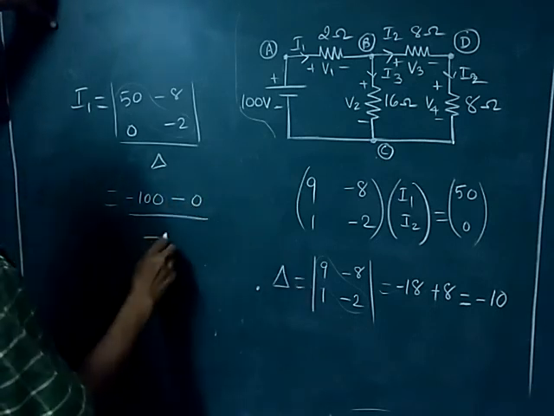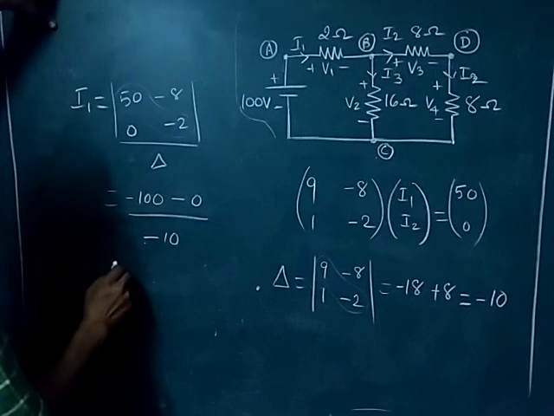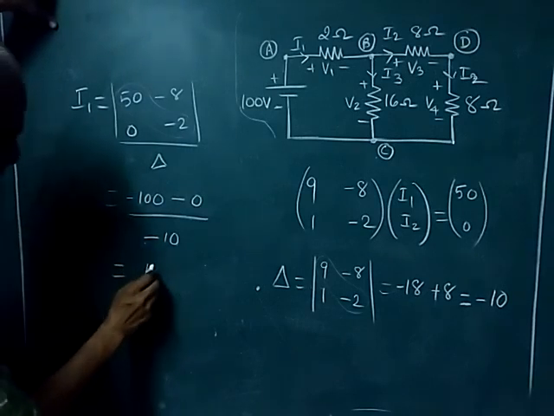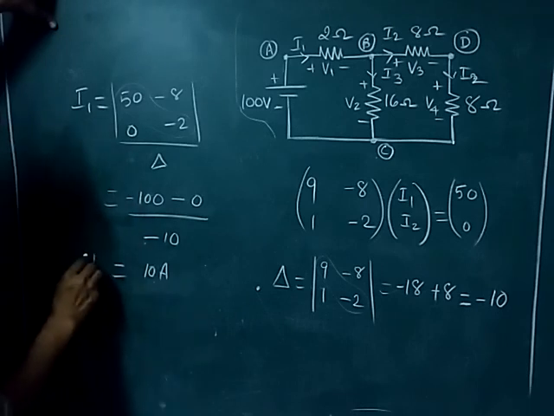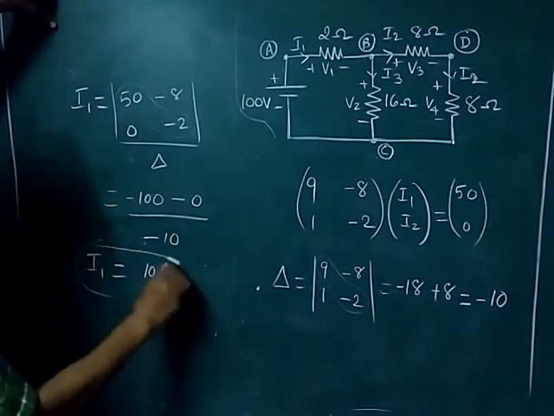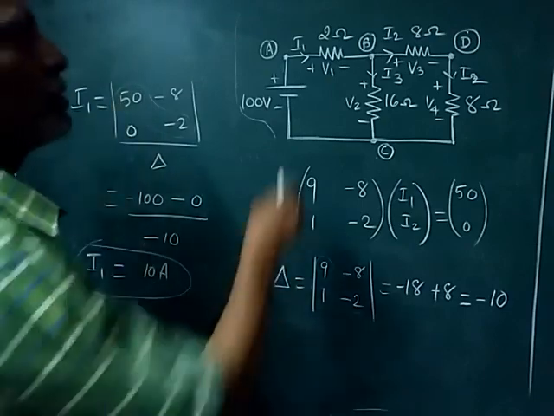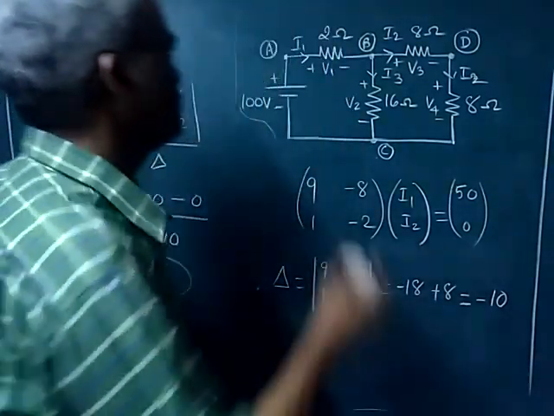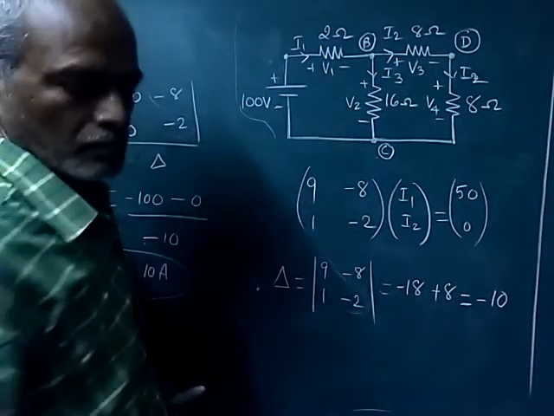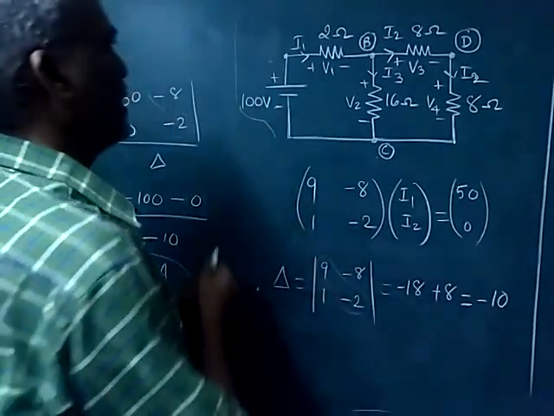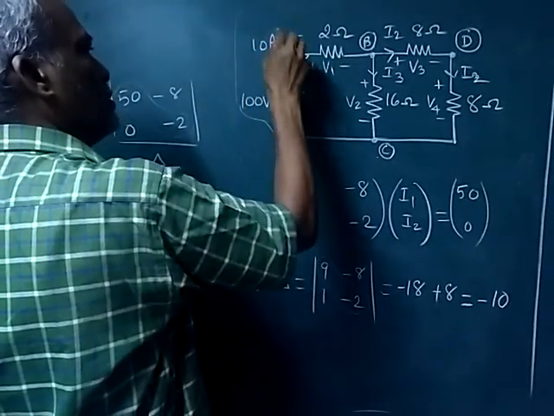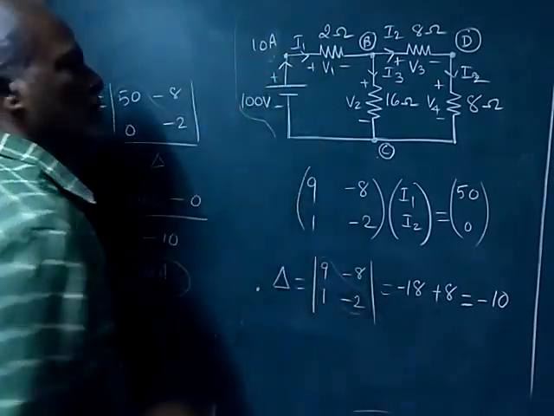Del is minus 10. So the minus gets cancelled, 10 ampere. So I1 is equal to 10 ampere. We got the answer. So the current flowing here is 10 amperes. This current. Okay.